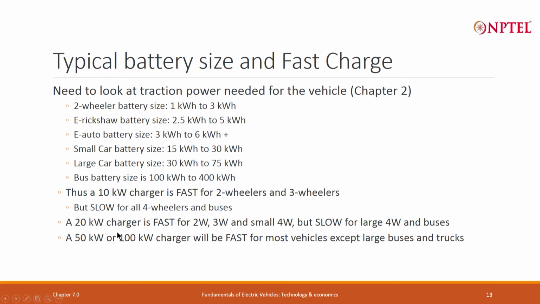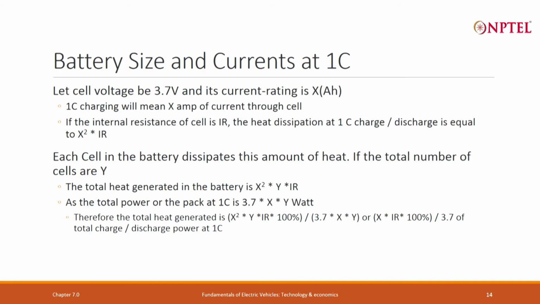A 20 kilowatt charger will be fast for 2-wheeler, 3-wheeler and even the small 4-wheelers, but for buses and large 4-wheelers it will be slow charge. A 50 or 100 kilowatt charger will be fast for most except maybe very large buses and trucks. So, essentially you have to understand what C rate you are charging at, not in terms of the output power.